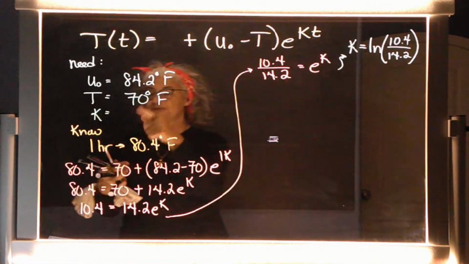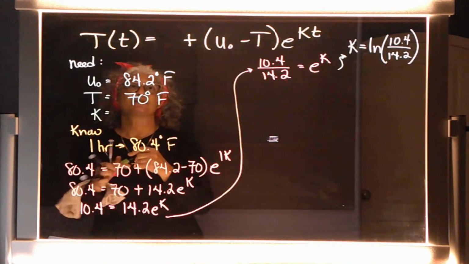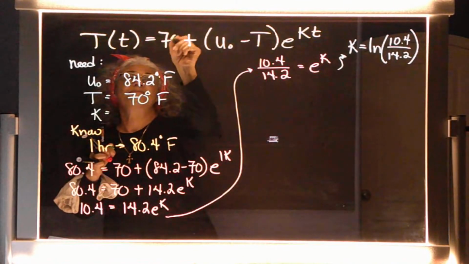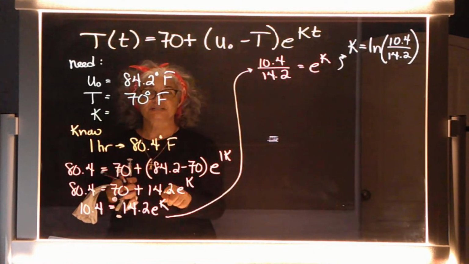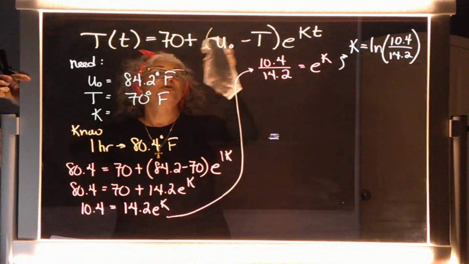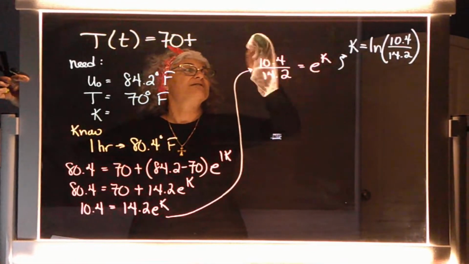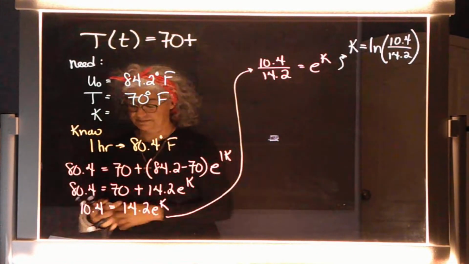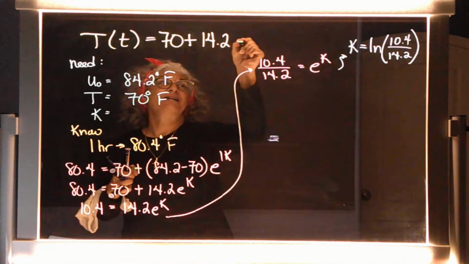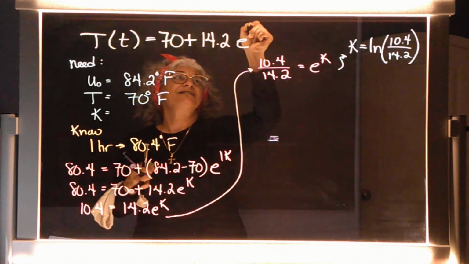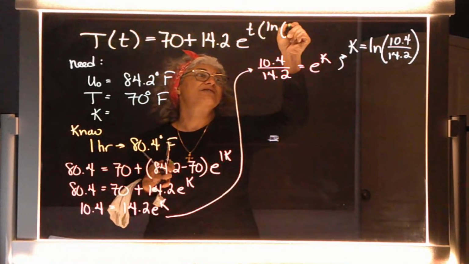I know the temperature of the surrounding is 70 degrees. I figured out this parenthesis to be 14.2, so I'm going to write it as 14.2, just to make it a little bit simpler. And times e to the kt. T is what I don't know, but I know my k is the natural log of this fraction.